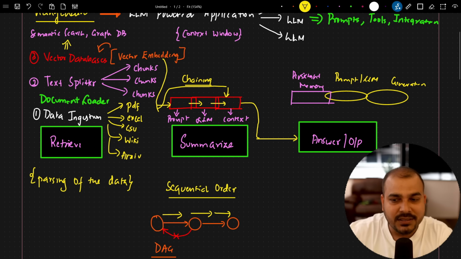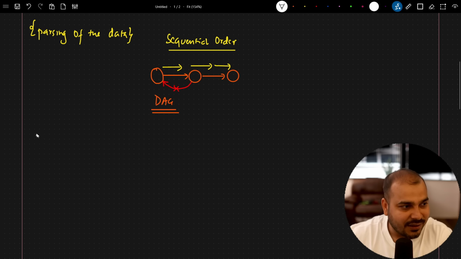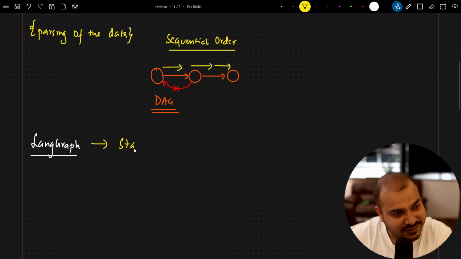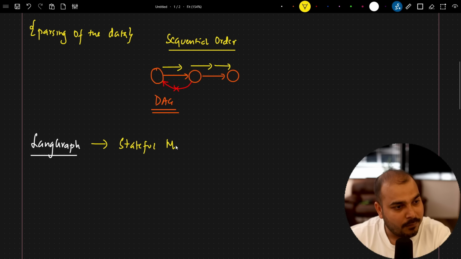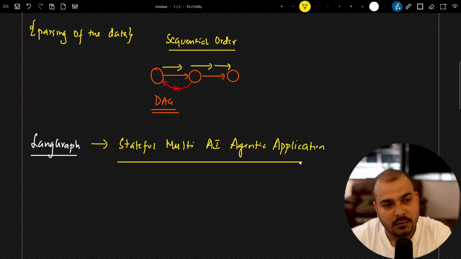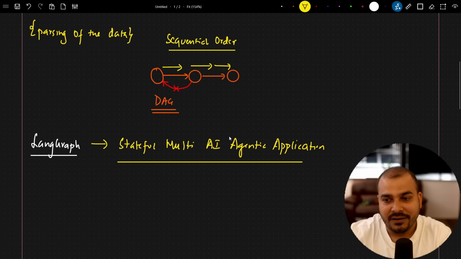Now, similarly, if I talk about LangGraph, the main aim is to create stateful multi AI agentic applications, or AI agents, stateful multi-AI agents itself.